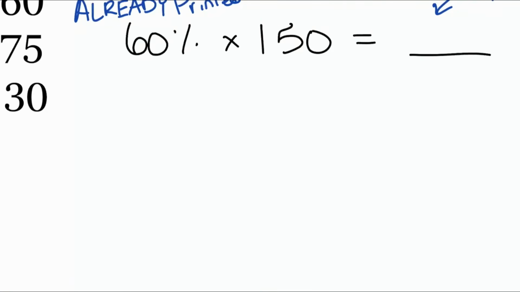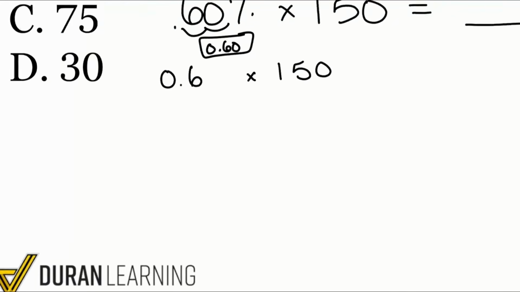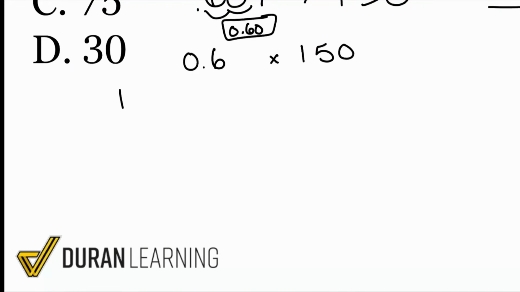So the 60%, 2 decimal places over, will end up being 0.6 or 0.60. They're the same thing, everybody. But we have 0.6 times 150. Once we perform this calculation, we have 150 multiplied by 0.6. 0 times 6 is 0. 5 times 6 is 30, carry the 3.